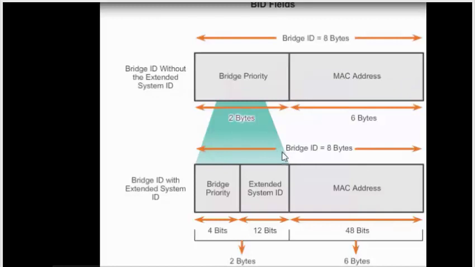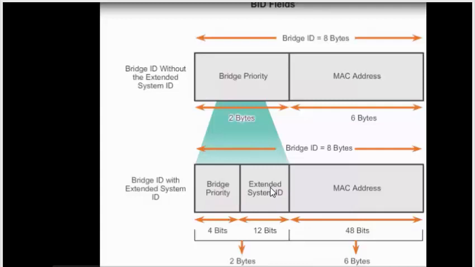Now the extended system ID. A BID has a 2-byte, 16-bit value field: 4 bits for the bridge priority and 12 bits for the extended system ID. This 12-bit field identifies the VLAN participating in this STP instance. You can see the rightmost 12 bits for the VLAN ID and the leftmost 4 bits for the bridge priority.